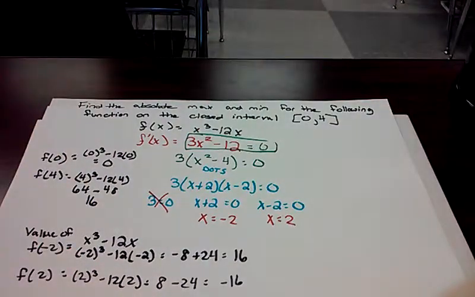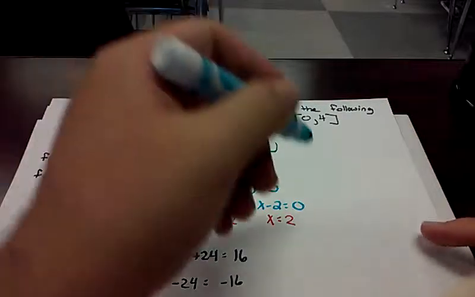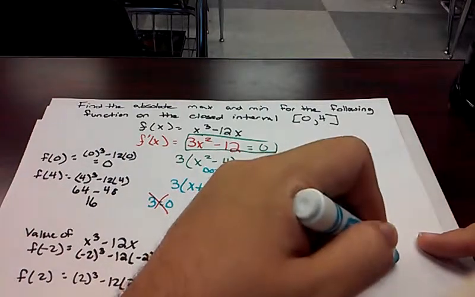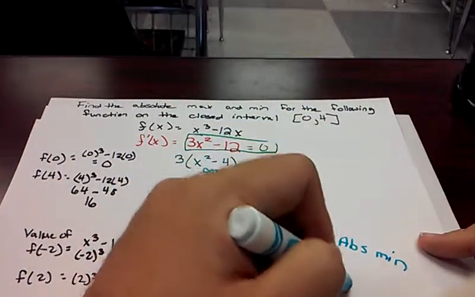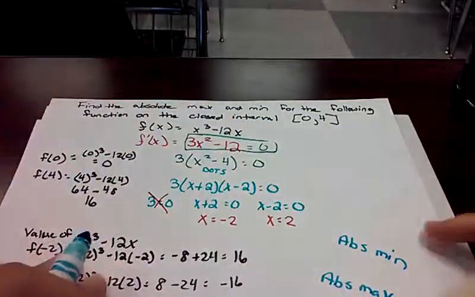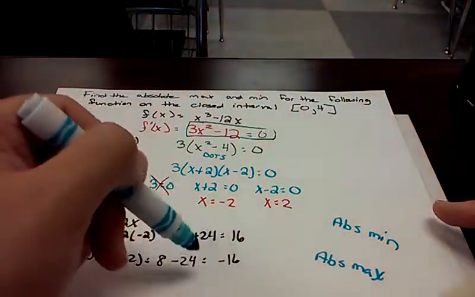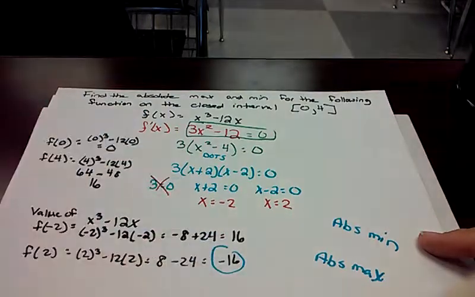All right, now with all four of these values, the way that you find your absolute max is it's the highest value. And the way that you find your absolute min is it is your lowest value. So let's look right quick: 0, 16, 16, negative 16. There's my absolute min.